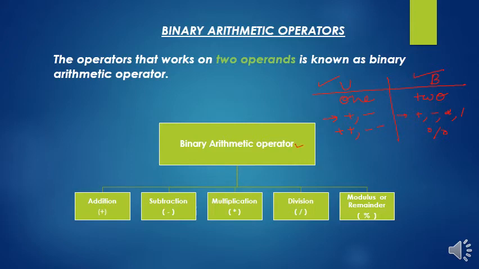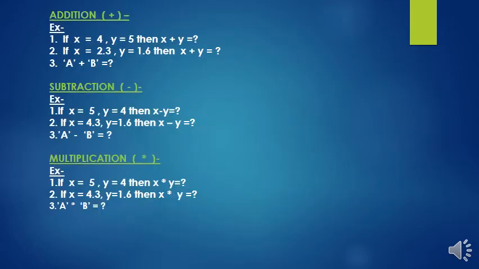So binary arithmetic operators are divided into five categories: addition operator, subtraction operator, multiplication operator, division operator, and modulus or remainder operator. A very important operator is the modulus or remainder operator, represented by the percentage symbol. So first binary arithmetic operator is addition.